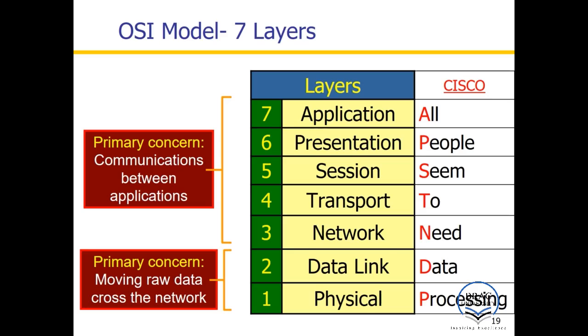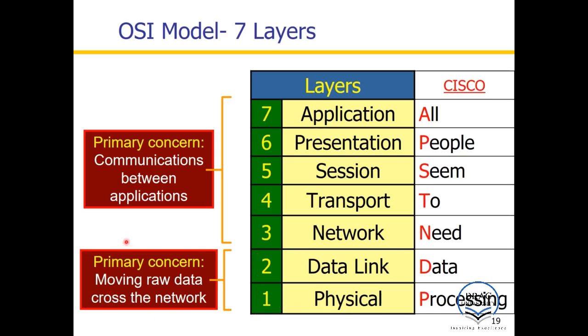To remember this model, we can remember this sentence: All People Seem To Need Data Processing. From All we have A for application, from People we have P for presentation, from Seem we have S for session, then T for transport layer, then N for network, then D for data link layer, and lastly P for the physical layer.